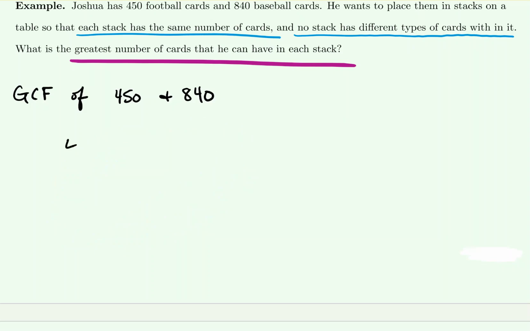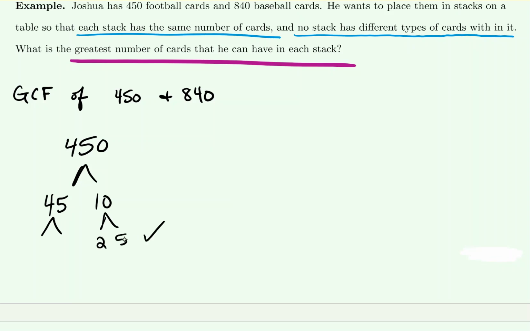To find the greatest common factor, we first do a factor tree to find the prime factorizations. Now, 45, I know if I multiply 45 times 10, that would get me 450. And again, I could have also divided 450 by 2. That would just be a longer factor tree. Now, both of these are not prime numbers, so they're both going to need to be split further. 10 is 2 times 5.